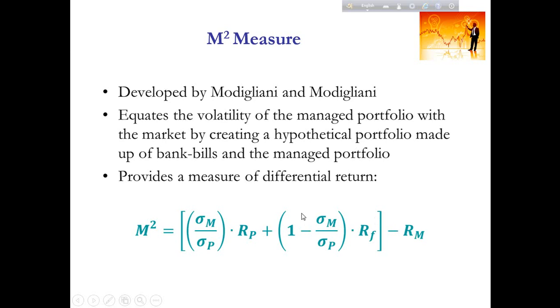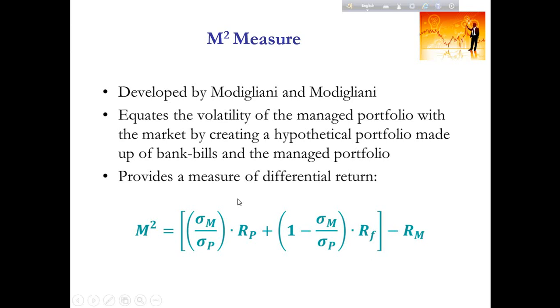And then the balance, one minus the ratio, goes in the risk-free rate. So we take the combination of these two. We have effectively created a new portfolio that combines a risky asset and the risk-free rate together. As I said before, the relative weightings are determined such that this new portfolio will have the same standard deviation as the market.